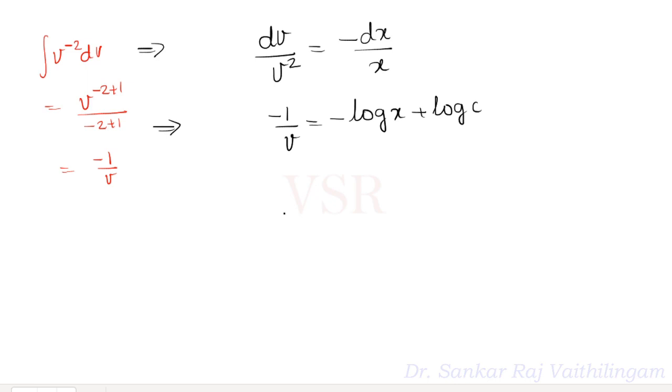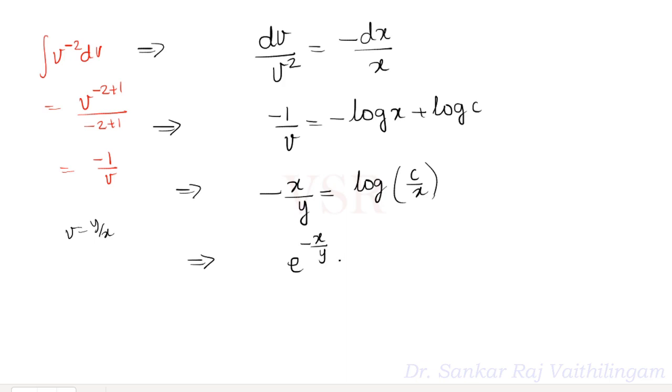So this implies that vங்கிறது யாரு? y by x. அப்போ 1 by vங்கிறது x by y which is equal to log of c by x. அப்போ ரெண்டு பக்கமும் எக்ஸ்போனன்ஷியல் எடுத்துட்டீங்க அப்படின்னா what we are having is e to the power minus x by y which is equal to c by x.